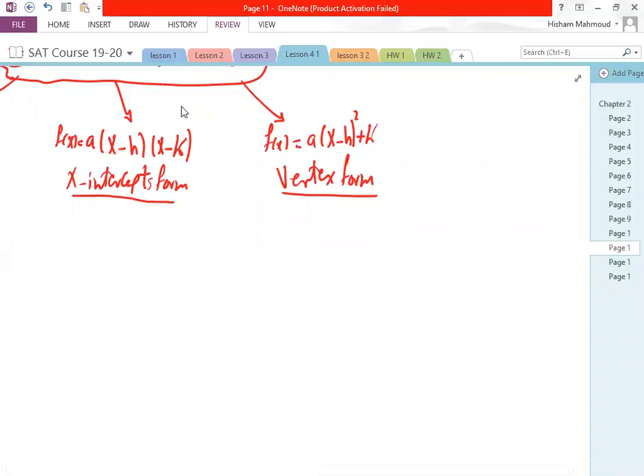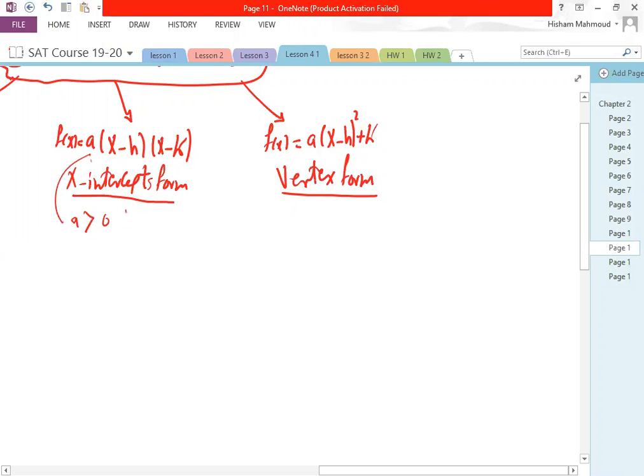The second form of the quadratic function is the x-intercepts form. In the x-intercepts form, I'm directly giving you the points where it intersects the x-axis, and you need to graph and find the vertex. If a is positive, greater than 0, it opens upward, and if a is negative, it opens downward.